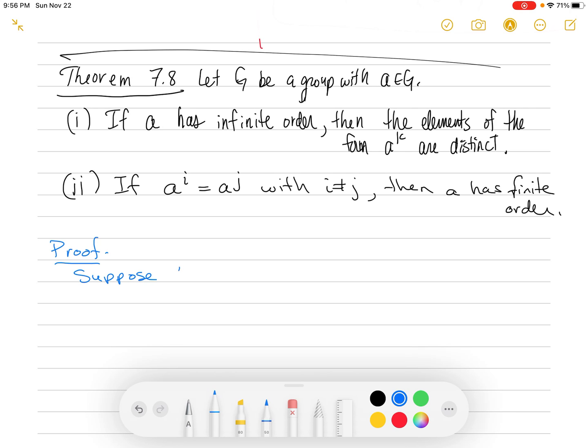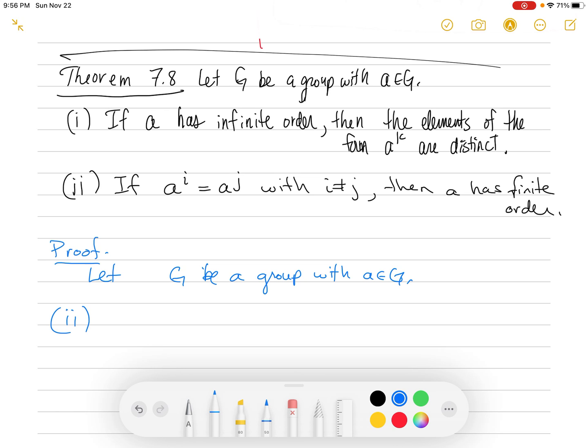Let G be a group. So we want to prove 2.